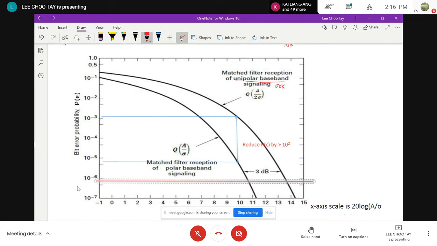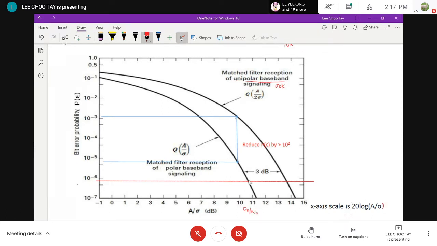But in your discussion later on for your assignment, you need to draw your line exactly at 10 to the power of minus 6. And then you get the EB over N naught. This one is actually EB over N naught as well, because we take 20 log here.